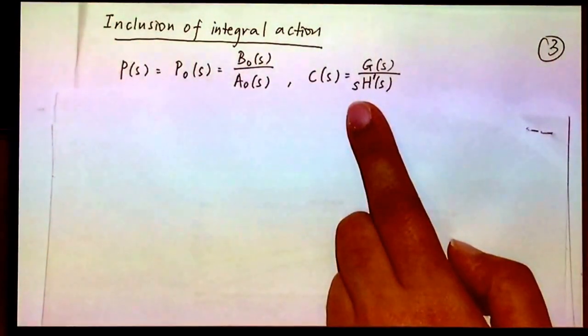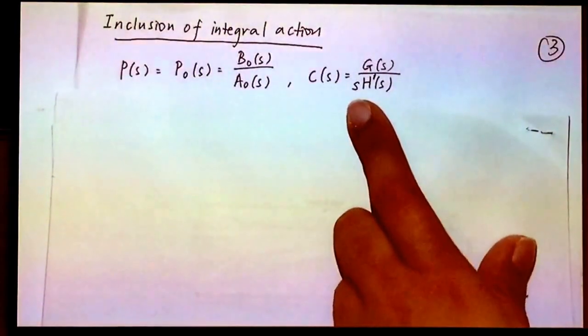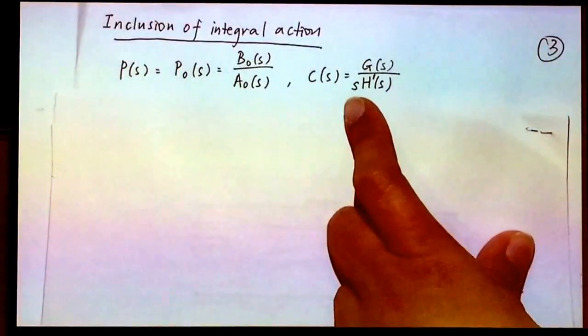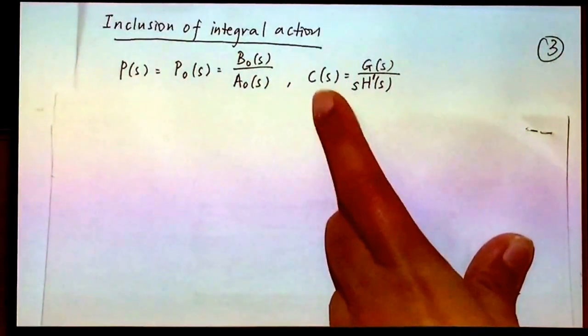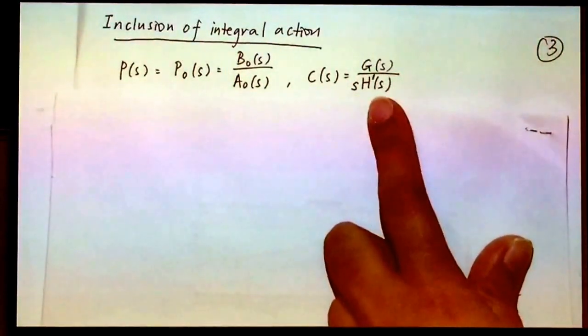You understand this? Integral action means there's a pure integrator that you can take out of the denominator. Alright? So all you need to do is write your C(s) to be G(s) over s times H prime(s).